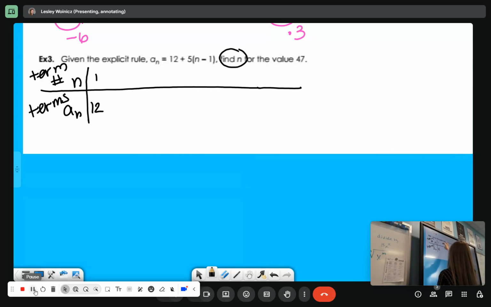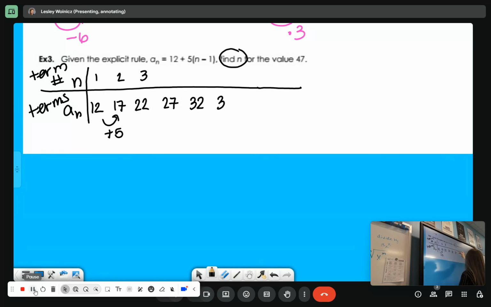Okay. Second term is add 5. 17. Okay, add 5 again. Okay, add 5 again. Add 5 again. You see it's just going 2, 7, 2, 7, 2.